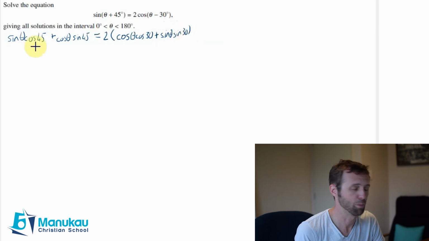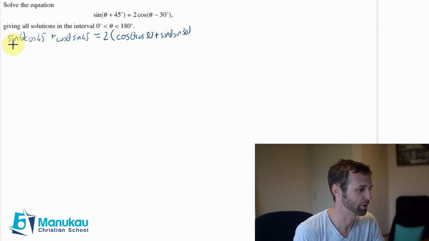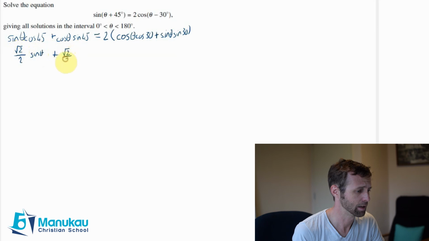Okay, now you can go and plug this in your calculator, or sometimes you may have learnt your rules for your exact values. So this one here is going to become the square root of 2 over 2 sine theta, and this one is also square root 2 over 2, this time cosine theta.